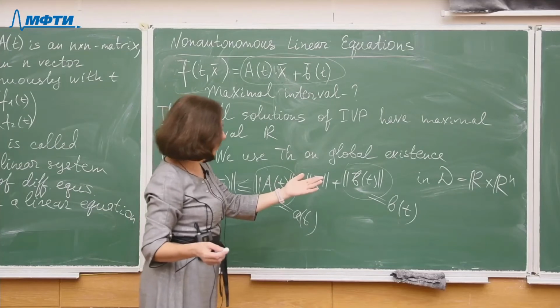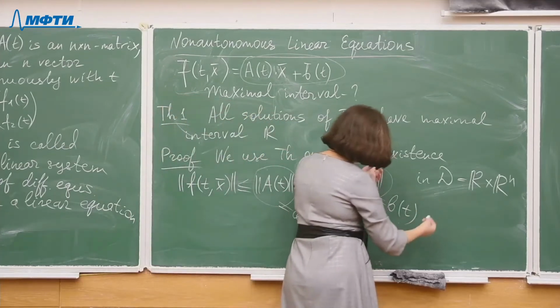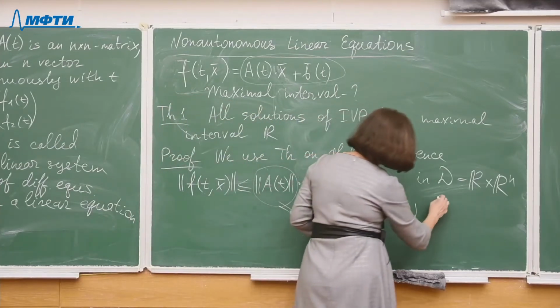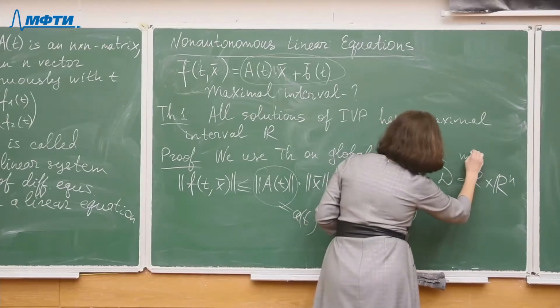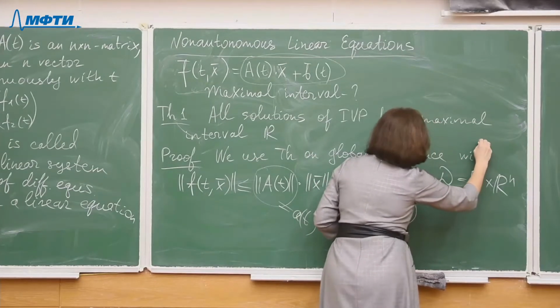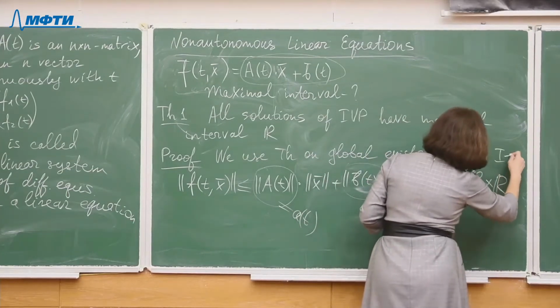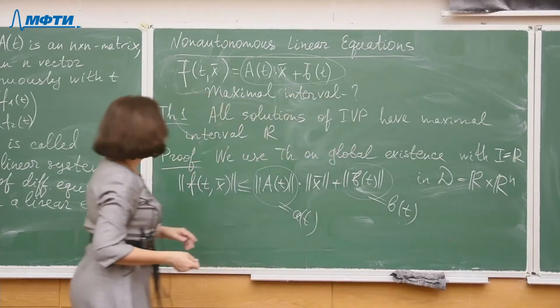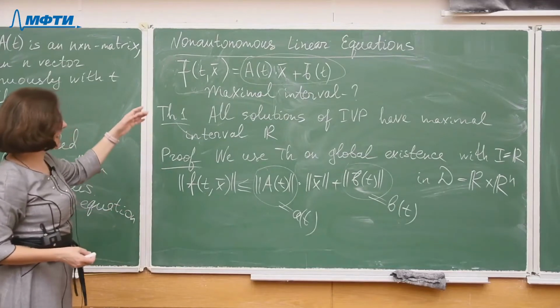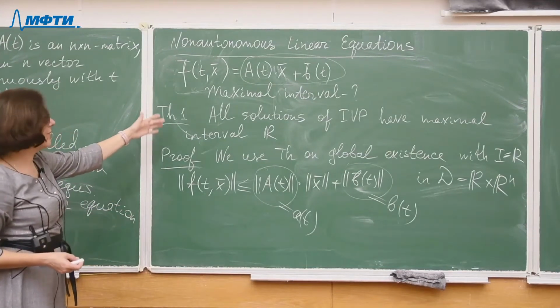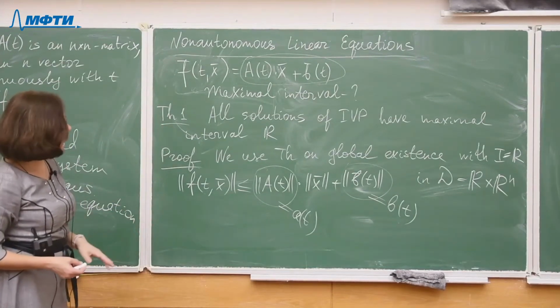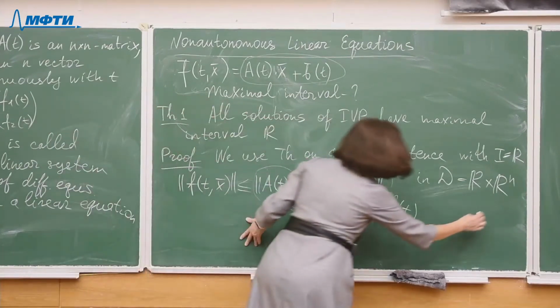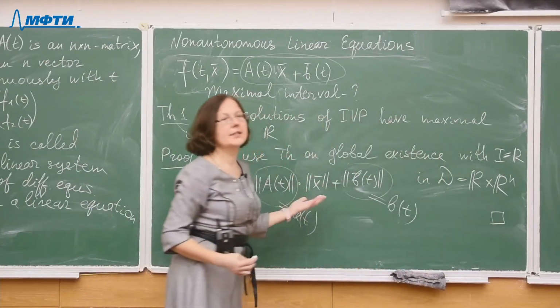So we can apply the theorem of global existence with I equals R, the entire real line. And so this proves that the solution has maximal interval R, the entire real line. The theorem is proved. So just to apply the preceding theorem, very easy.